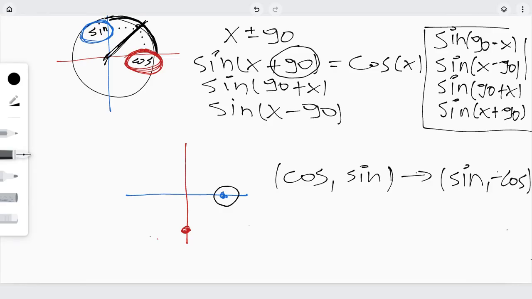And so the sine of x minus 90 degrees is negative cosine x. And this works for all trig things like sine and cosine and tangent and whatnot.